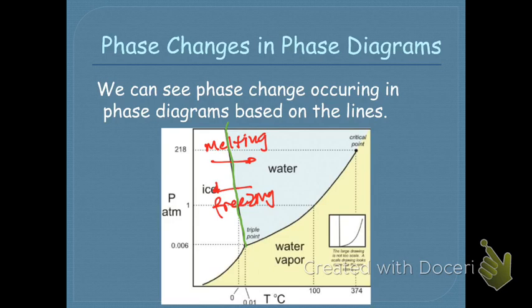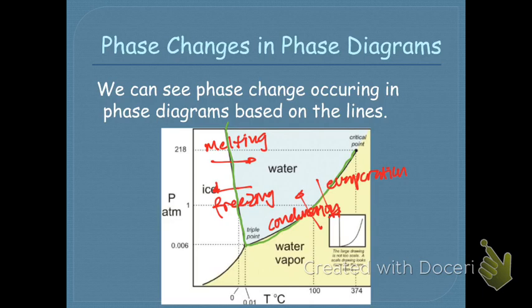And the same concept right here, where liquid turns into gas and gas turns into liquid, so through condensation and evaporation, this line will therefore represent the boiling point and condensing point for water.